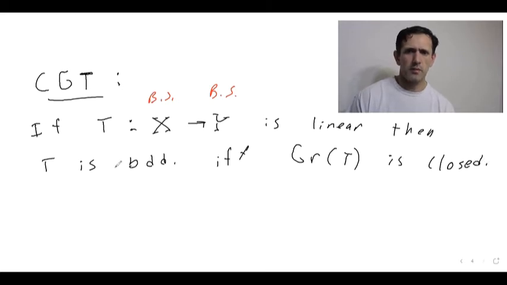I need to unravel what this means before I prove it. This is really a very easy consequence of the inverse mapping theorem, which I think is what the book calls it.